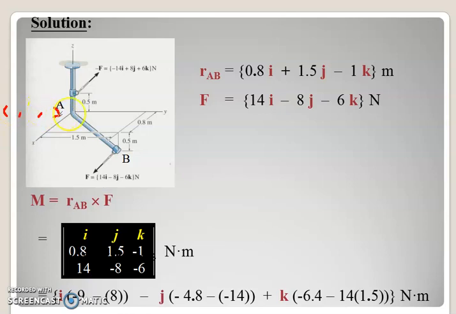The coordinate for A, X is 0, because this is the point of origin, and Y is also 0, and Z is 0.5.